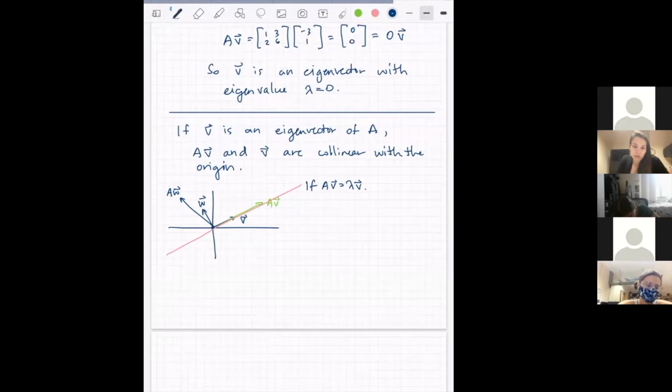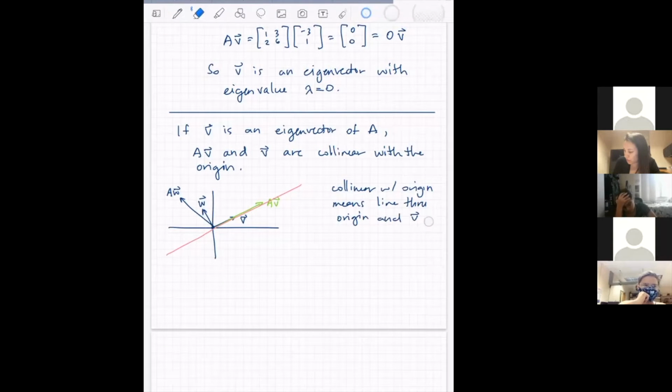Collinear with the origin means the line through the origin and v passes through A times v.